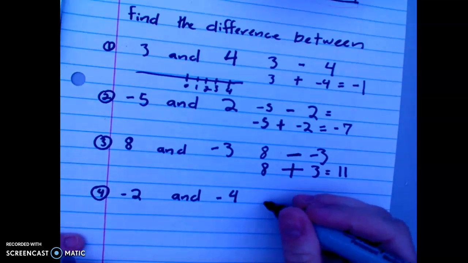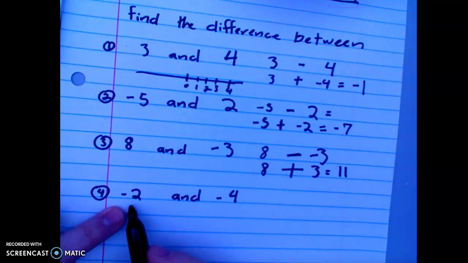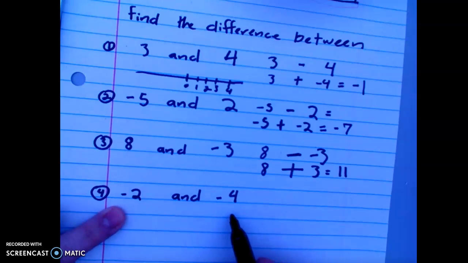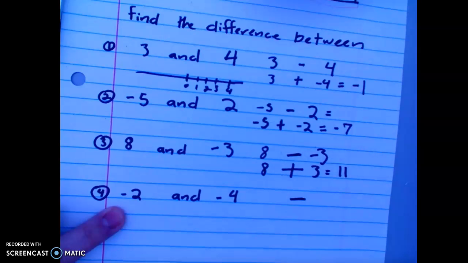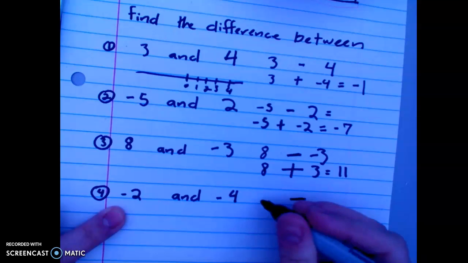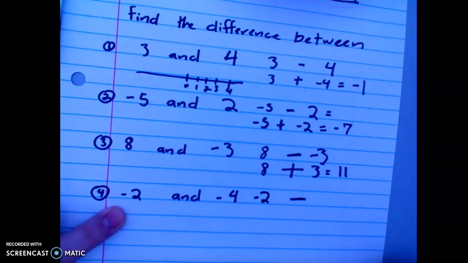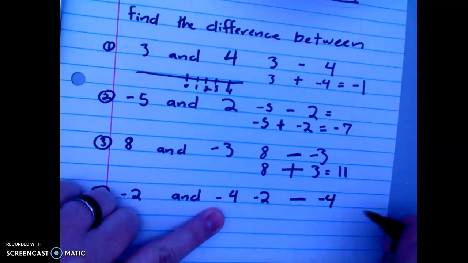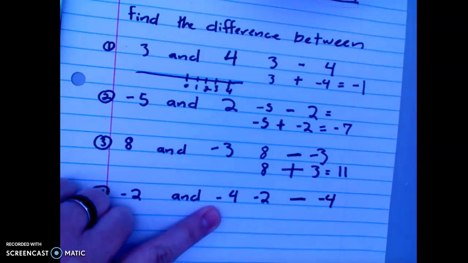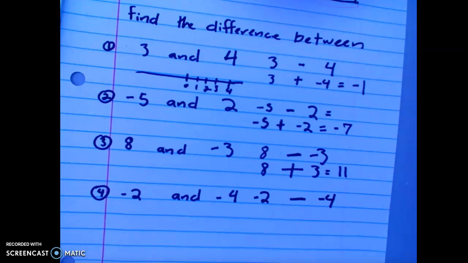So I want to know the difference between -2 and -4. Because it's the difference, I do need a subtraction sign. Now I'll put my two numbers. First number is -2. The second number is -4. Ooh, there are so many negatives going on here. Let's rewrite it as addition.